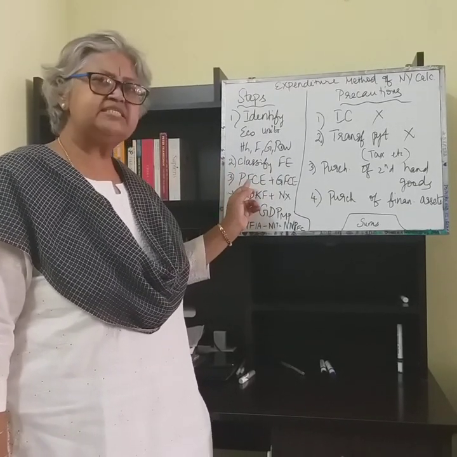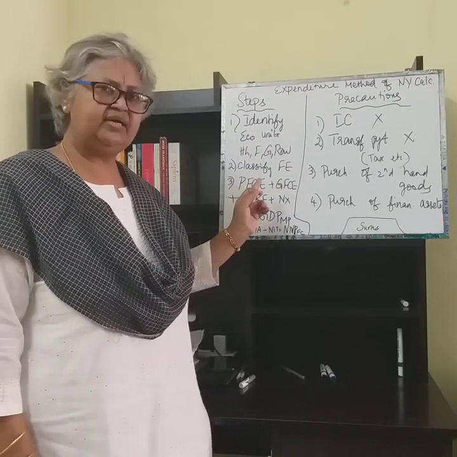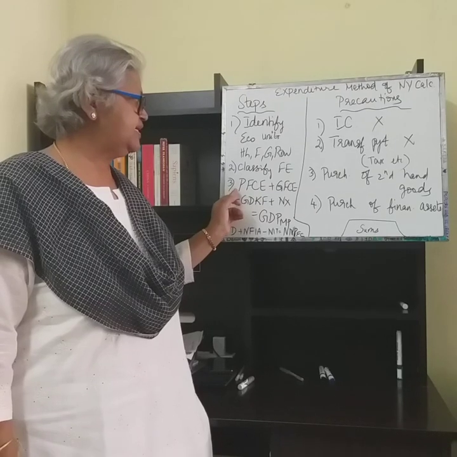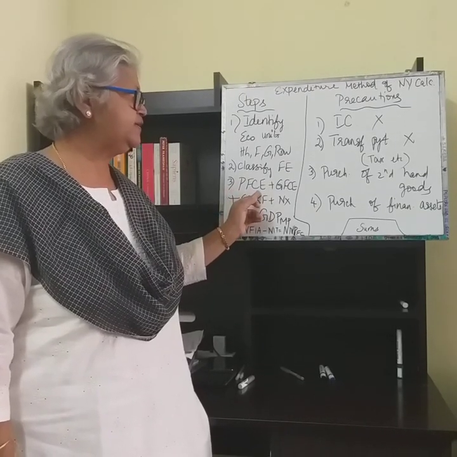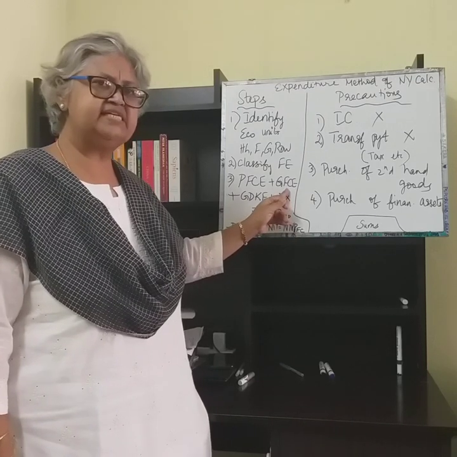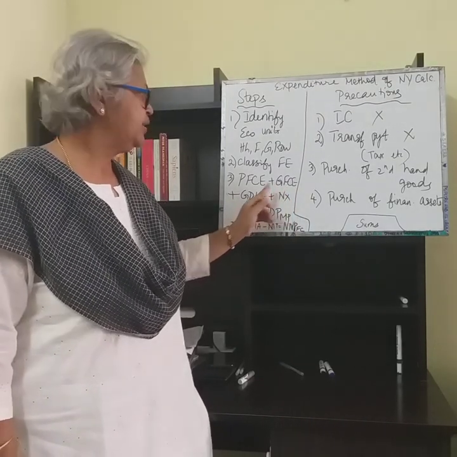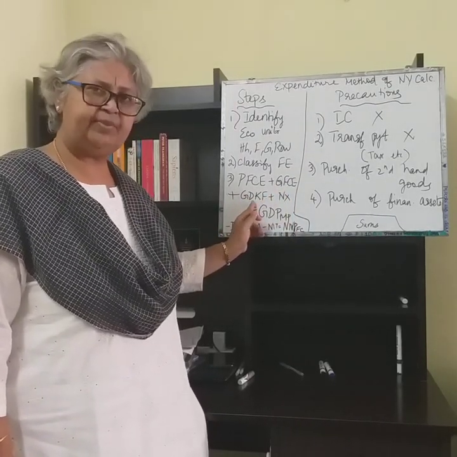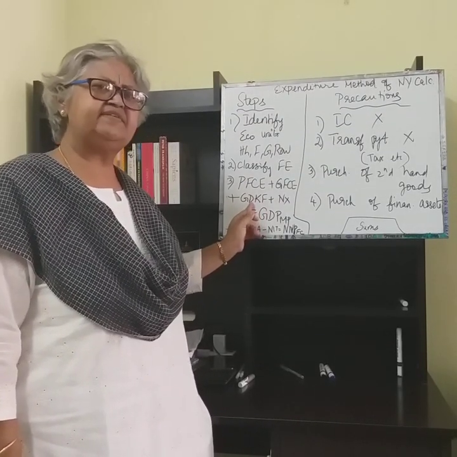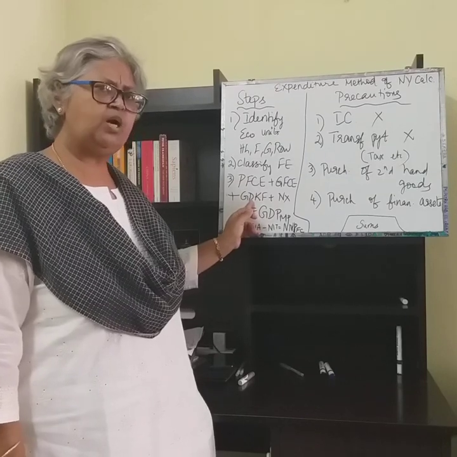The households and the private not-for-profit organizations, they spend on the commodities which come under private final consumption expenditure. The general government's expenditure on final goods and services, which is GFCE, plus the gross domestic capital formation, which includes the fixed as well as the inventory investment components.